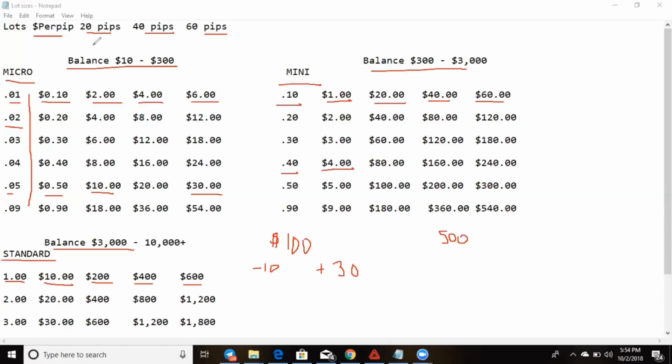If we are risking 20 pips, we already know we are risking negative $80. Our goal is 60 pips, so therefore we are looking to profit plus $240, which is a good risk.